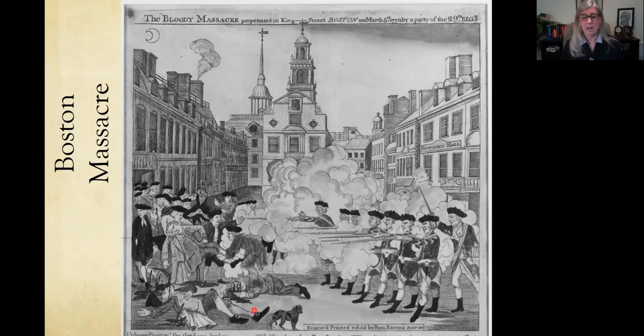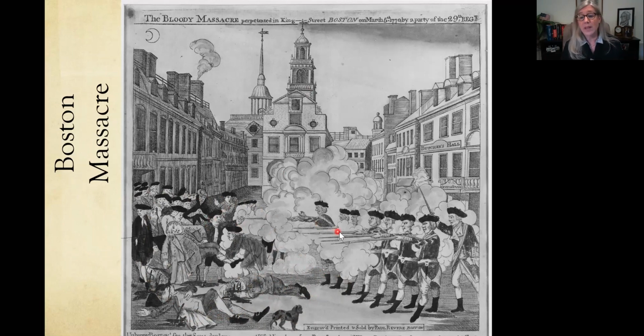So again, everybody says, look, there's another dog down there. And there is. But I want us to look at how Paul Revere has portrayed everybody. Do any of these people look like they are the aggressor in the situation? No, they're shrinking back. They're laying on the ground. They look scared.